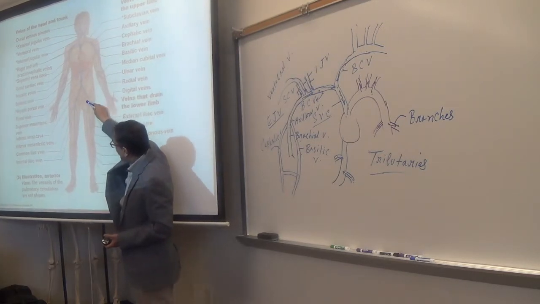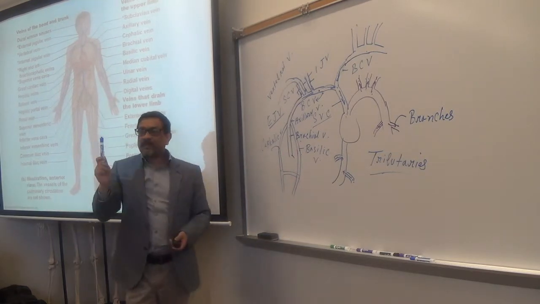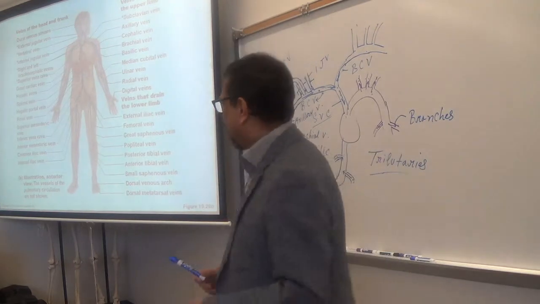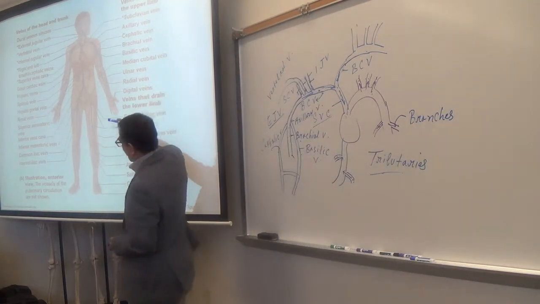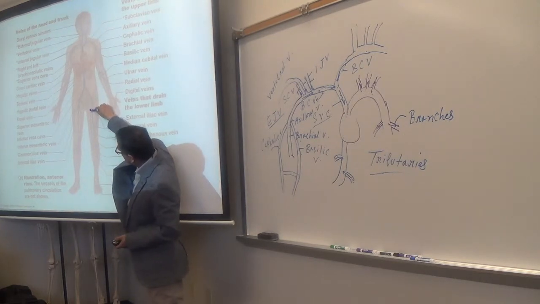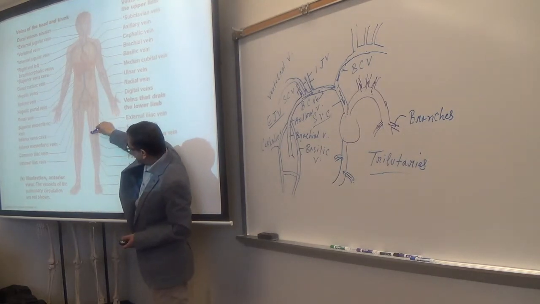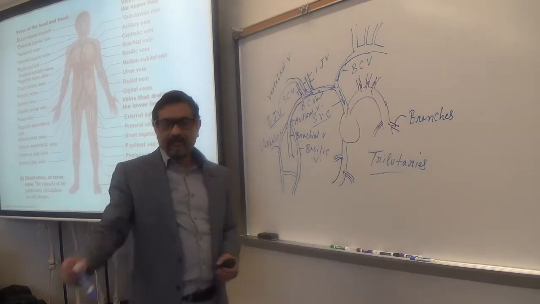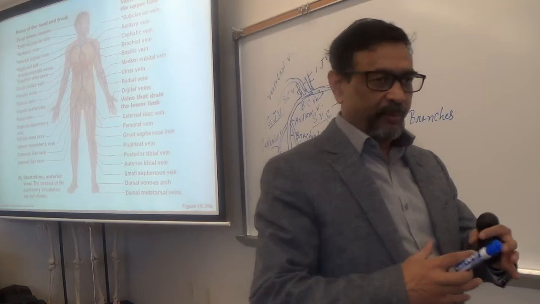But here, the longest vein of your body arises from the upper part of the femoral. You see the femoral? From the upper part of the femoral, this is the longest vein of the body. In terms of size, the vena cava are large, big.